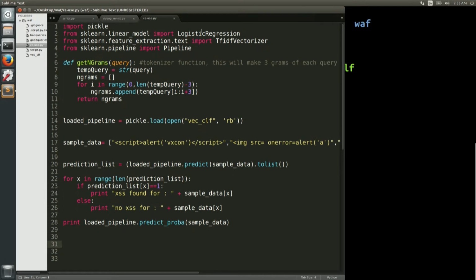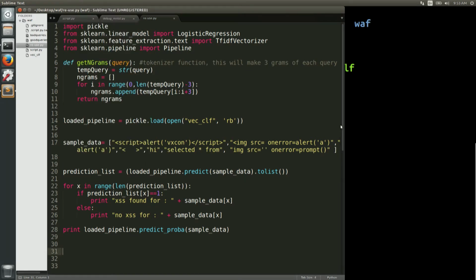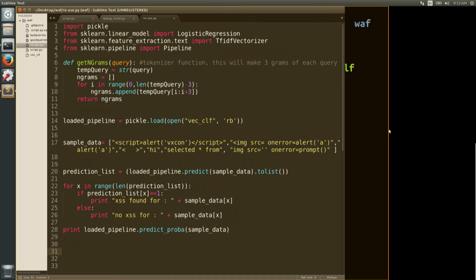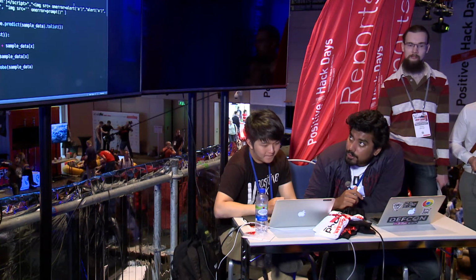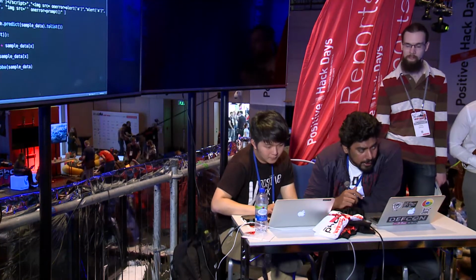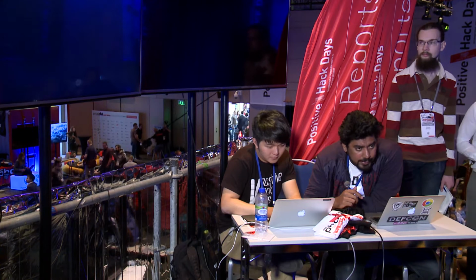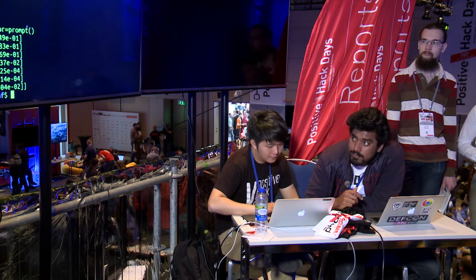If you see the list, which is sample data, right there on the 17th line, we have some XSS snippets. If you run this particular script, reuse.py, you can run it with python space reuse.py, and it will try to predict if it is an XSS or not.